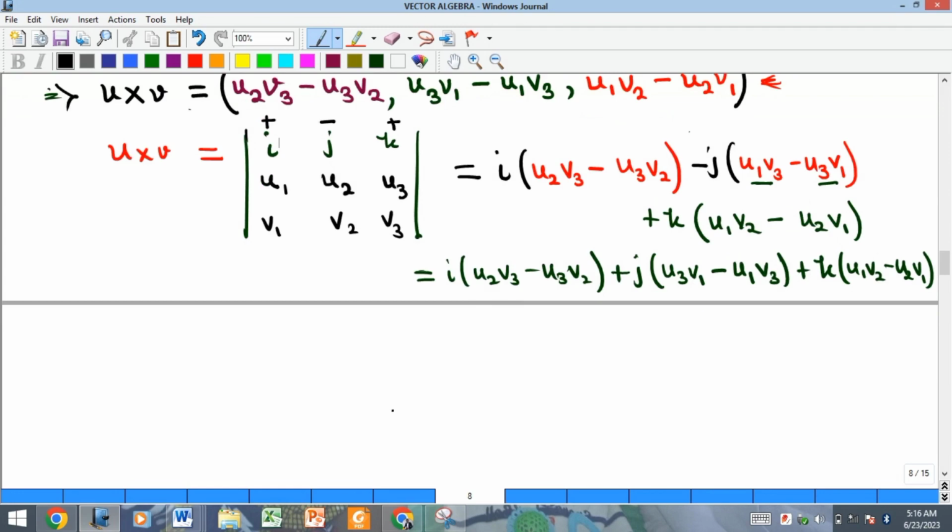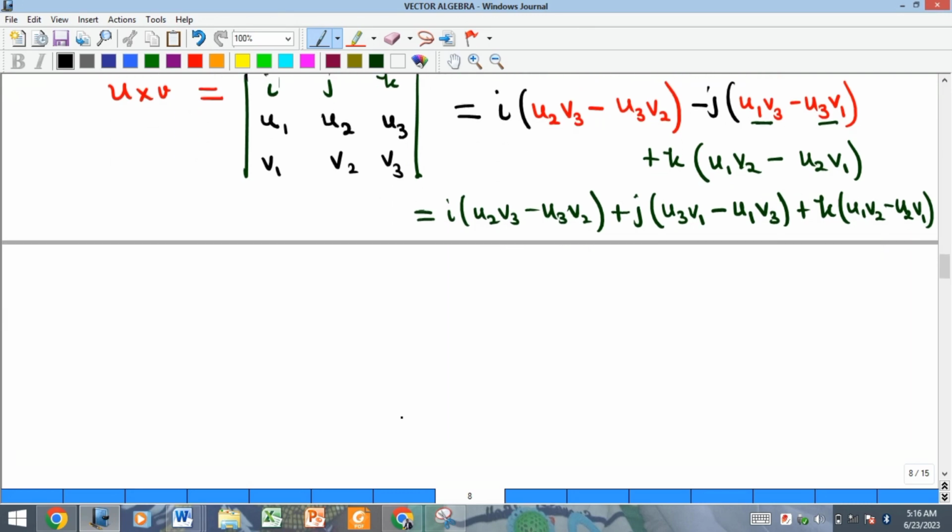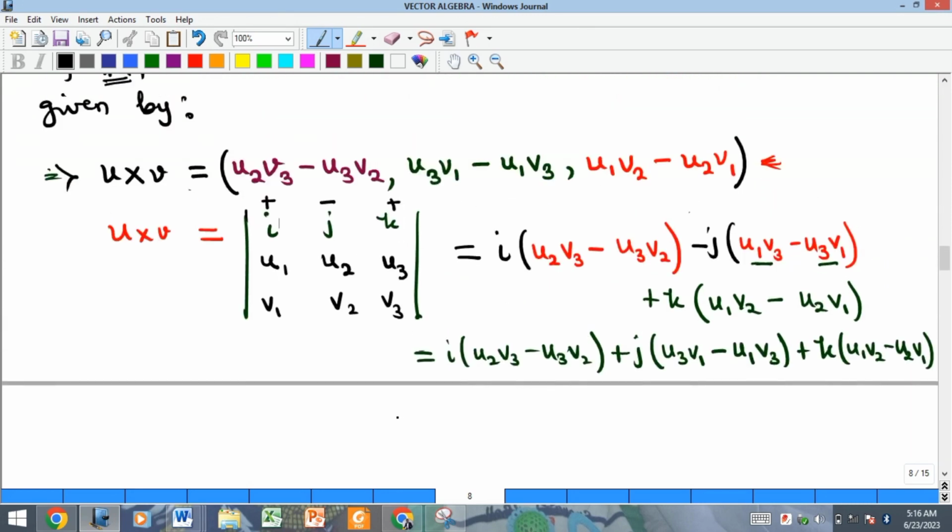There is also another way of determining or showing that the cross product of two vectors is equal to what we have given. Maybe I should call this equation 1. So that is a more elaborate proof for that. Okay, so I'm going to show that in a later video.